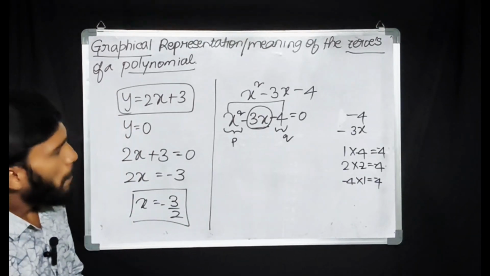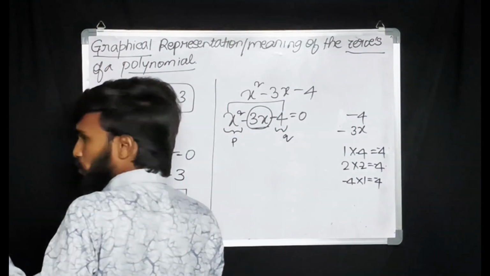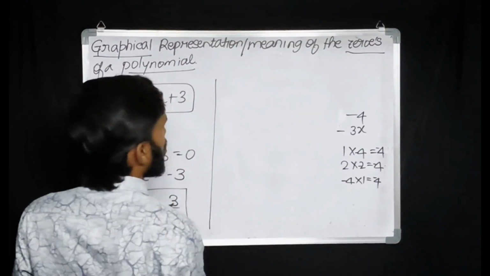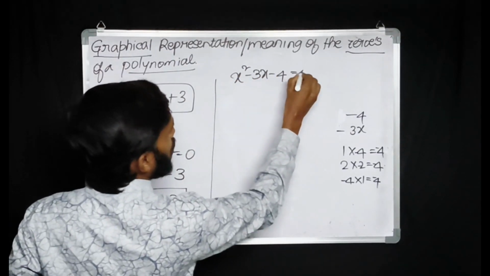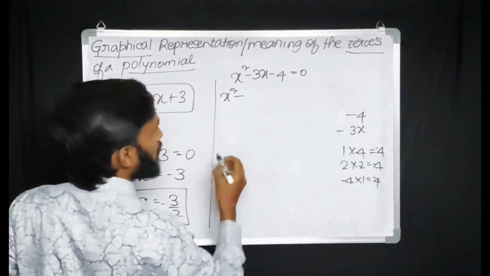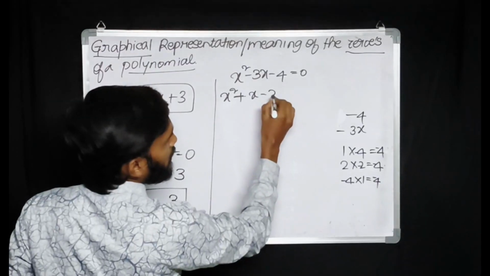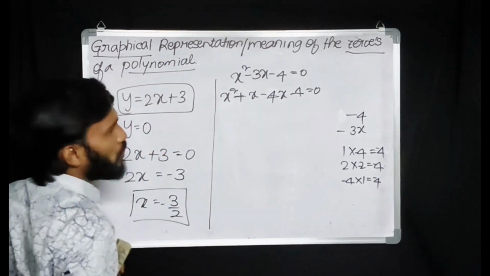No. Here -4 plus 1 gives -3. Yes. So write x² - 3x - 4 = 0 as x² + x - 4x - 4 = 0.